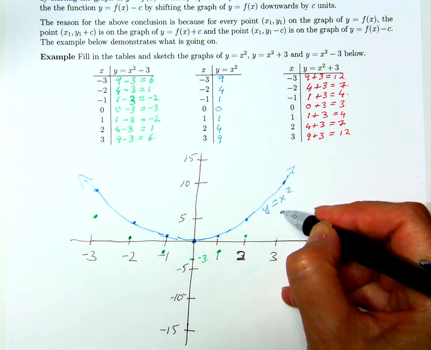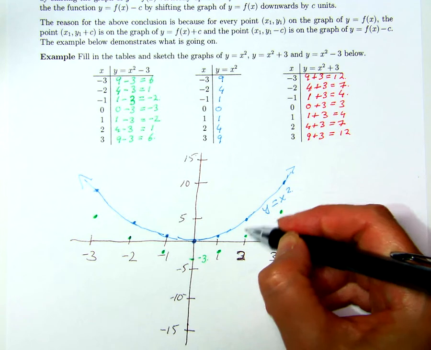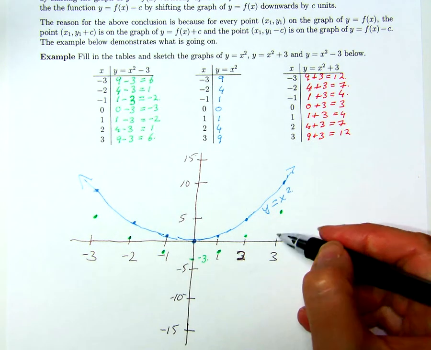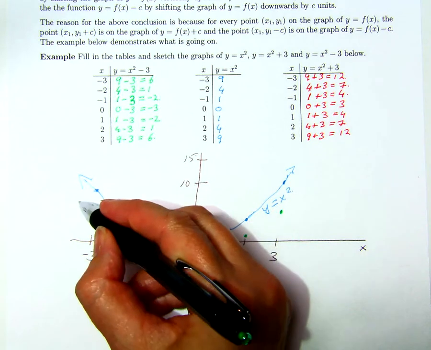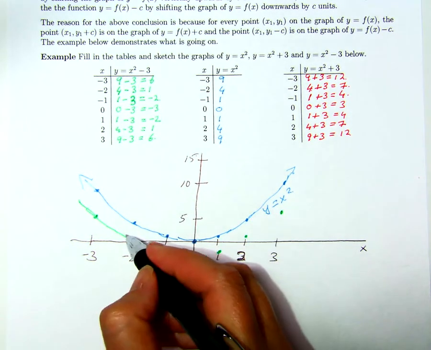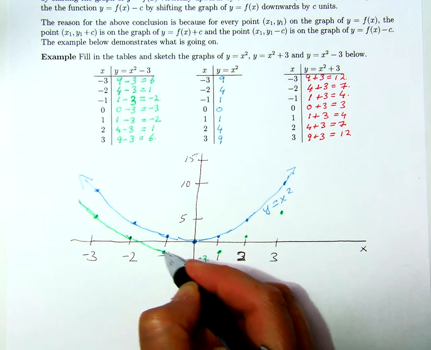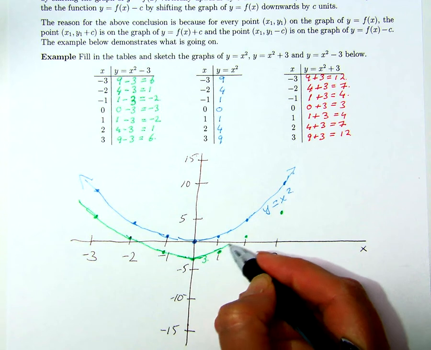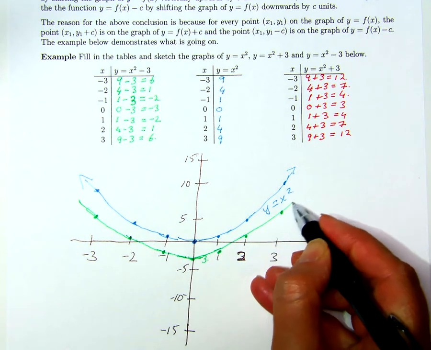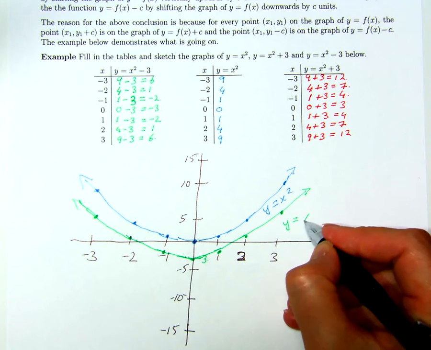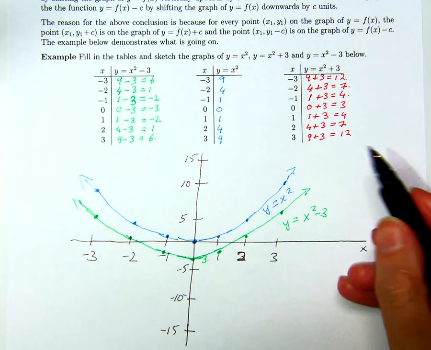And all of these points should be exactly 3 points below the corresponding point on the graph y equals x squared. Now obviously my scaling here leaves something to be desired, so they may not be exactly 3 points below, but they should be if everything is correct.